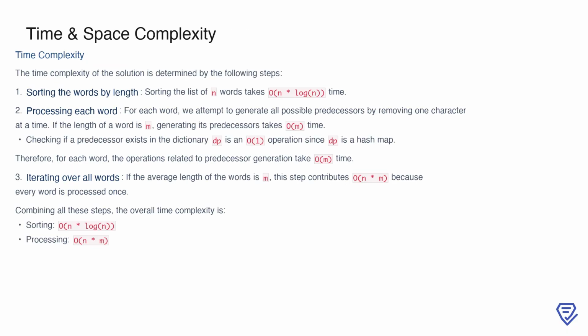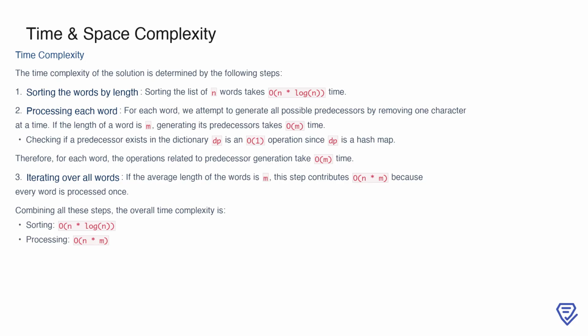Here, we analyze the time complexity of the solution step by step. First, sorting the n words by length requires n log n time. Next, for each word, we attempt to generate all possible predecessors by removing one character at a time. If the length of a word is m, this generation process takes m time per word.